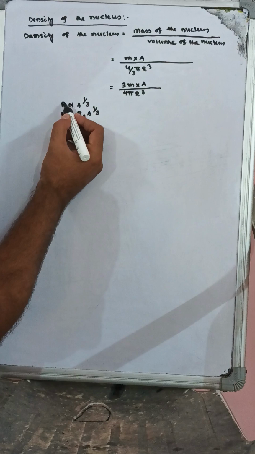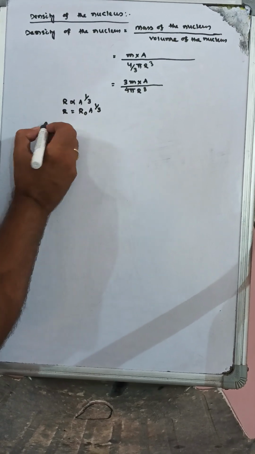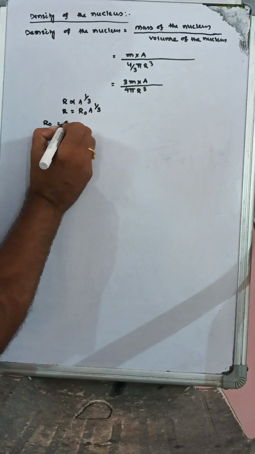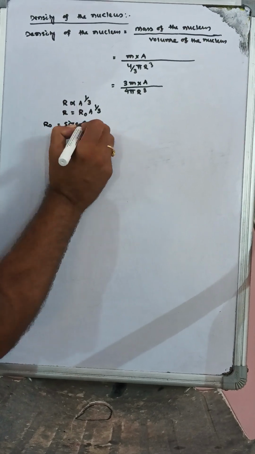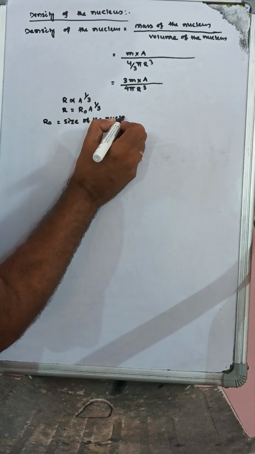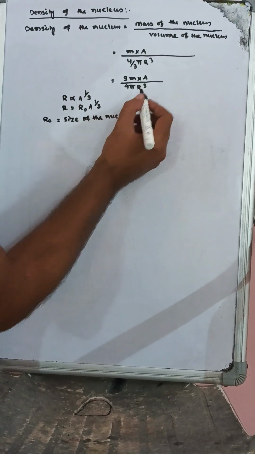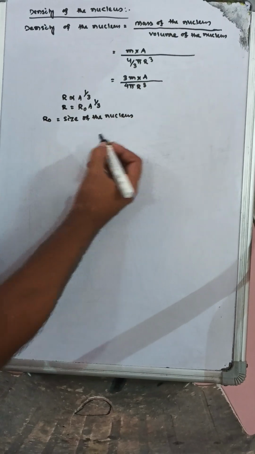Then we get this value. R0 is the size of the nucleus. Okay, we put this value of r in this value, it will be put in this r.